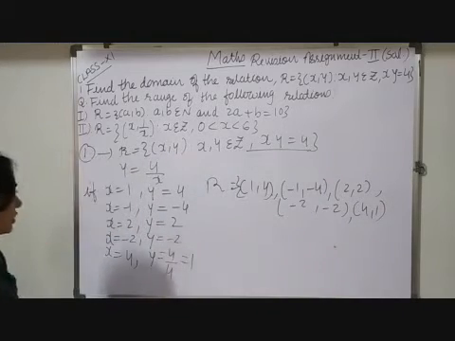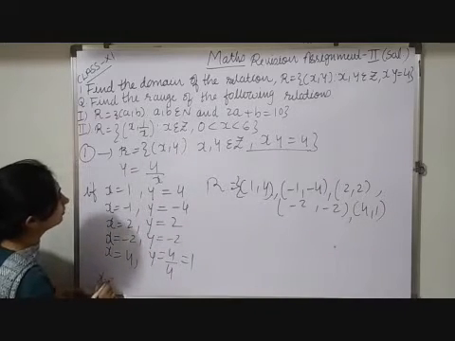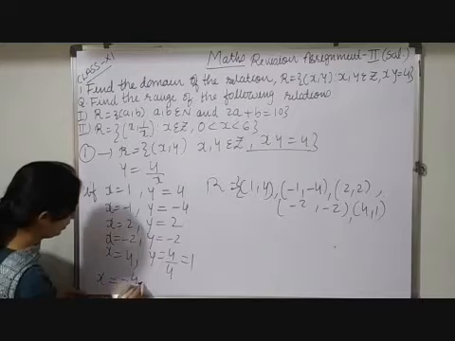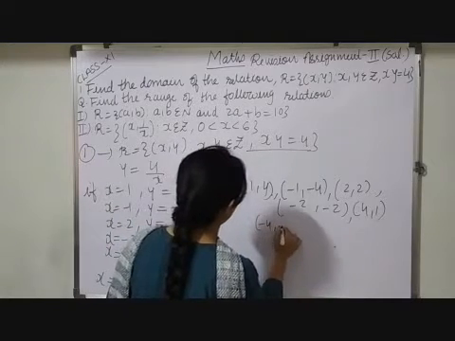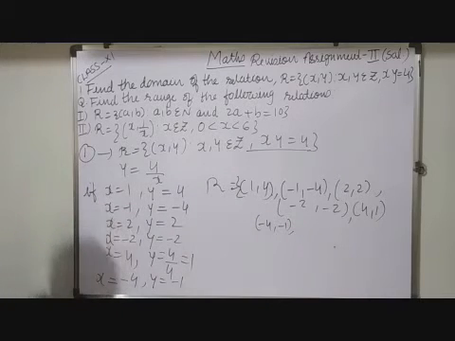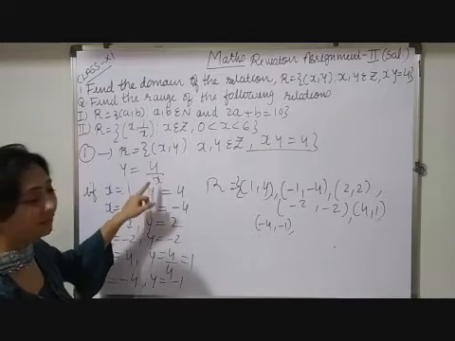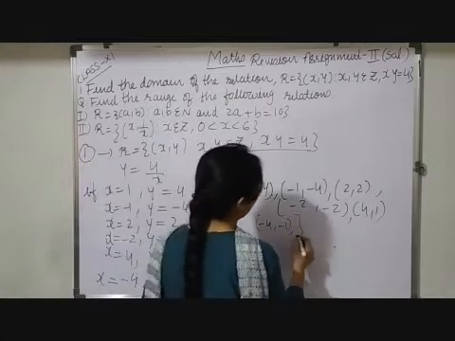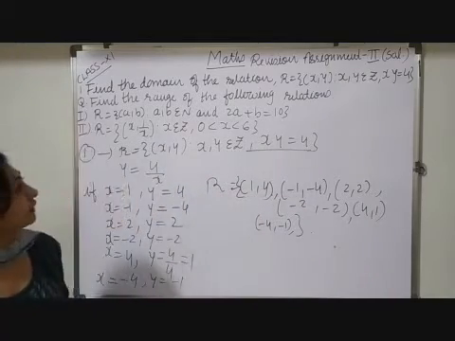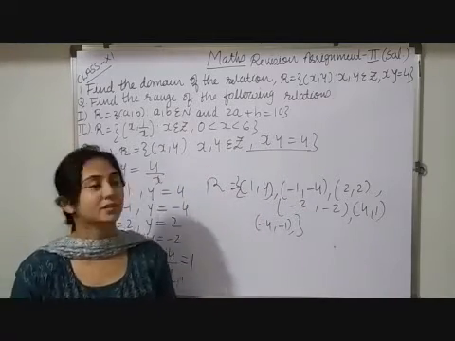If we take minus 4, y will be minus 1, that is also possible. If we take x equals 5, 6, 7, or 8, again 1 by 2 we are getting a fraction, so not possible. So these are the maximum possibilities. This way you can find the relation set.